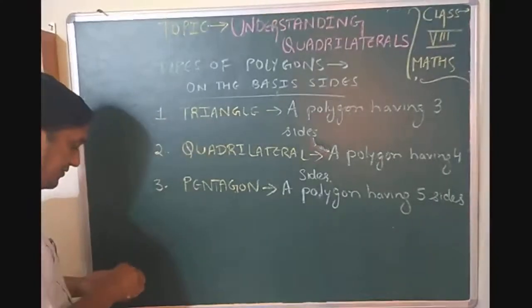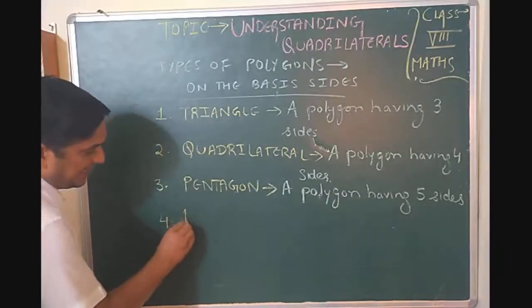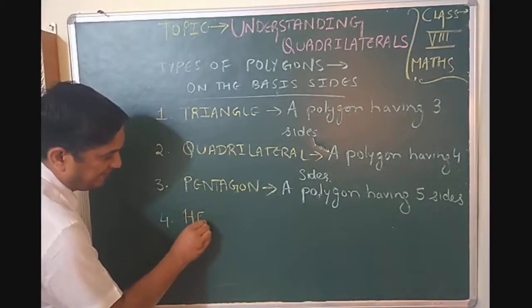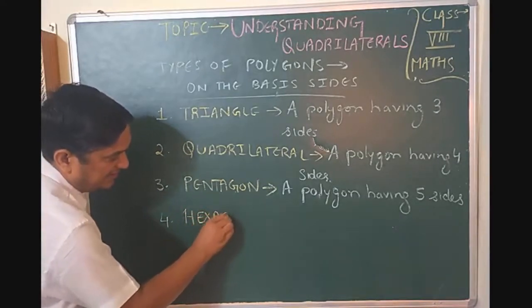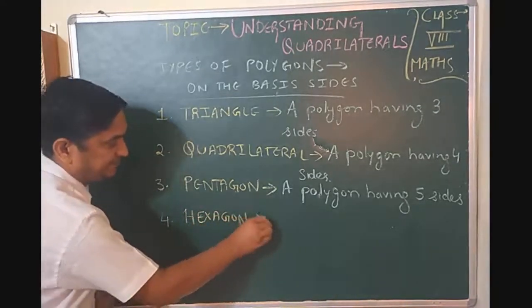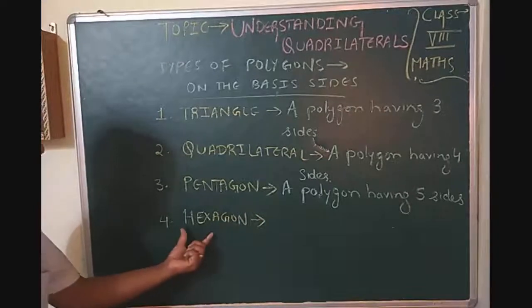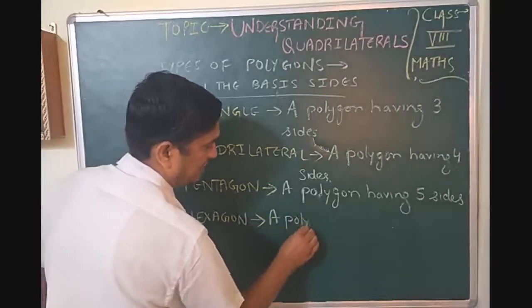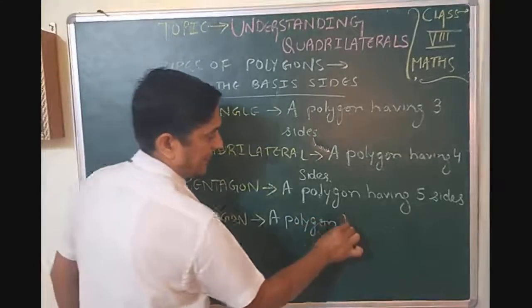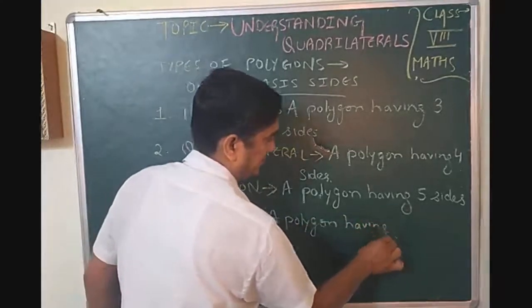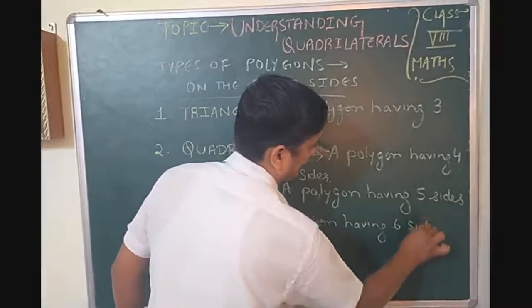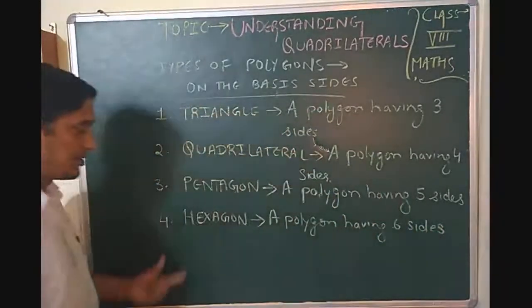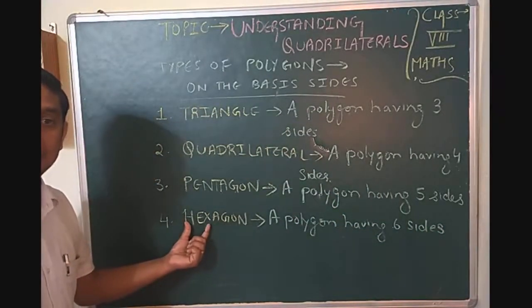Next, fourth one, hexagon. Hexa means 6. A polygon having 6 sides is called hexagon.